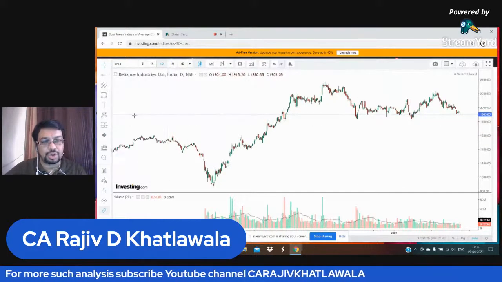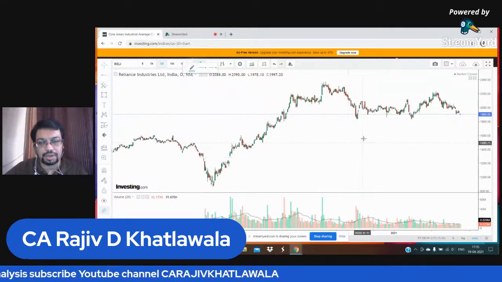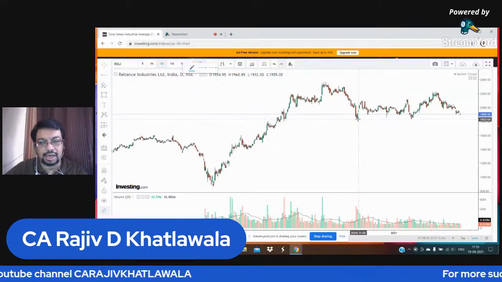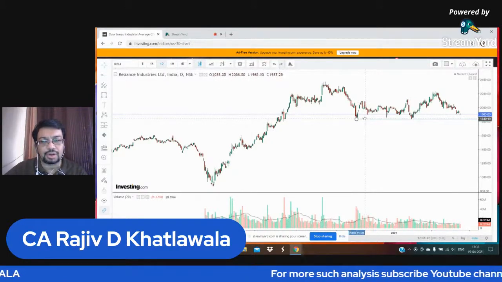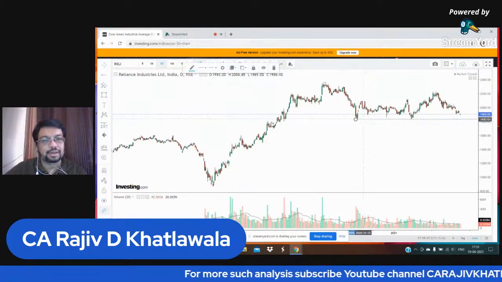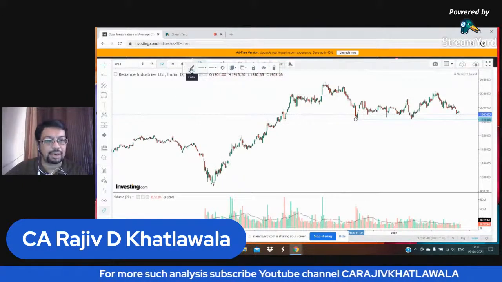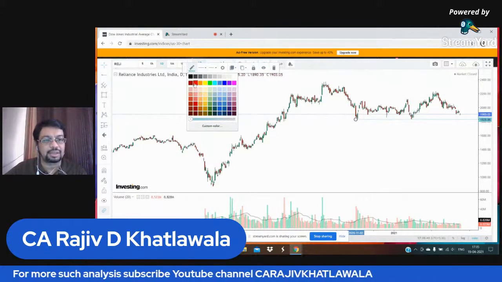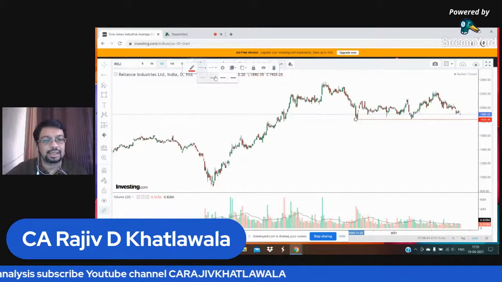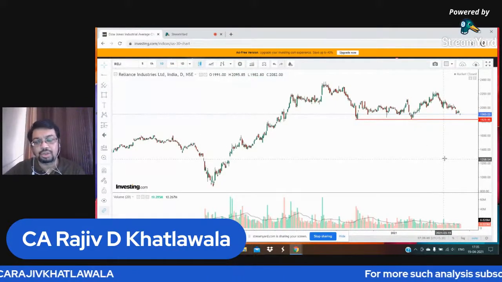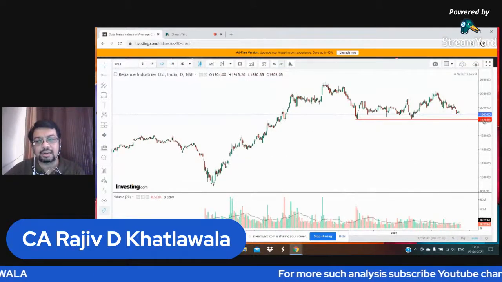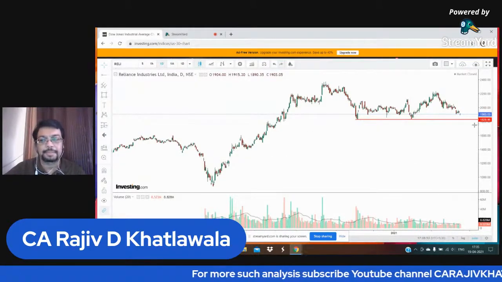So I will draw that specific point where the Reliance stock can change the trend. The current trend is up, but if it breaks this level, then it will change the trend from up to down. That level comes to around 1828, 1830.